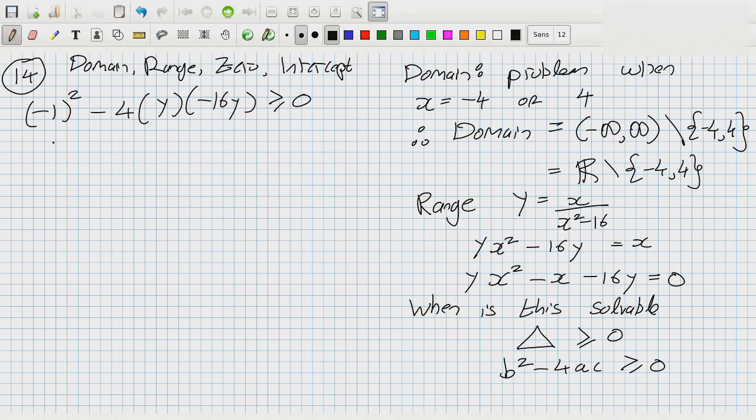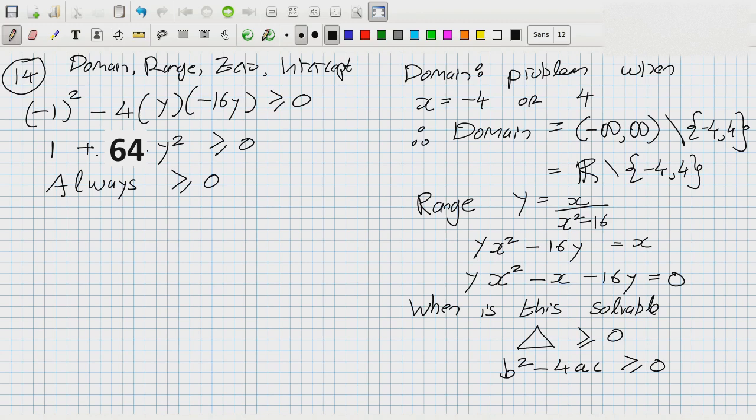So let's see, that's 1 plus 32y squared greater than or equal to 0. Well, that's great, because this is always greater than or equal to 0. There's no value of y I could think of that wouldn't make this greater than or equal to 0.